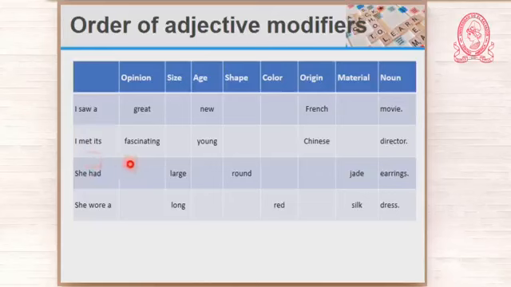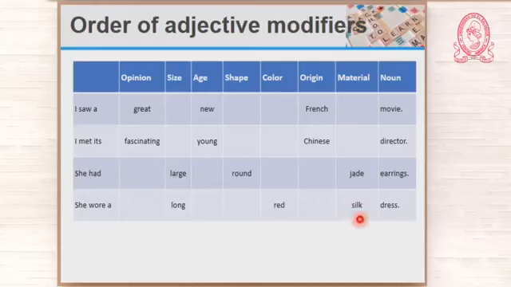I met a fascinating, my opinion, young, age, Chinese, origin, director. I met a fascinating young Chinese director. Let us look at the last sentence. Here we have information about size, color, and material, okay?